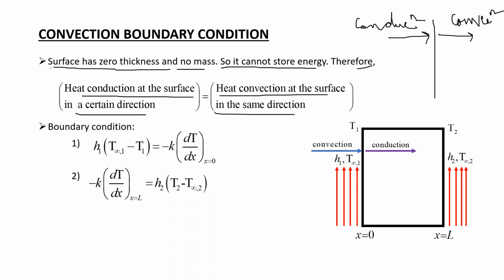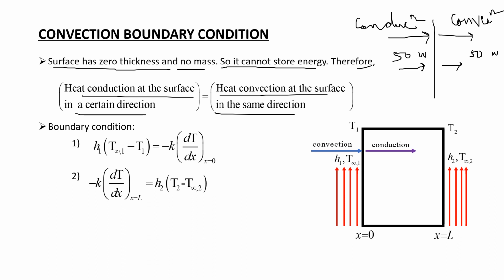So suppose 50 watt of energy is being transferred to the surface. Then the surface must transfer 50 watt because it cannot store any energy. So the rate at which the energy is being transferred to the surface must be equal to the rate at which the energy is being transferred out from the surface.